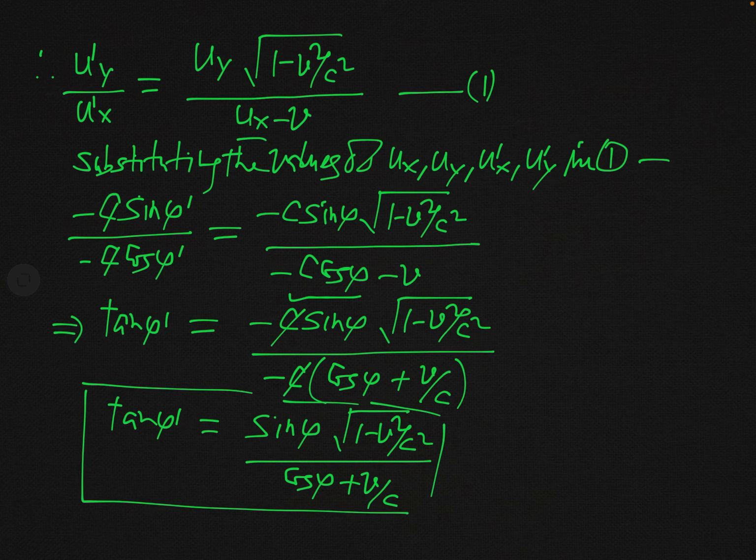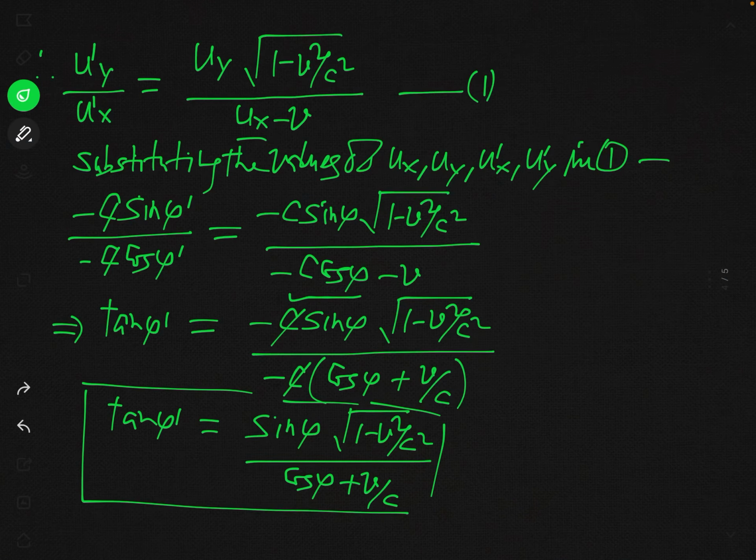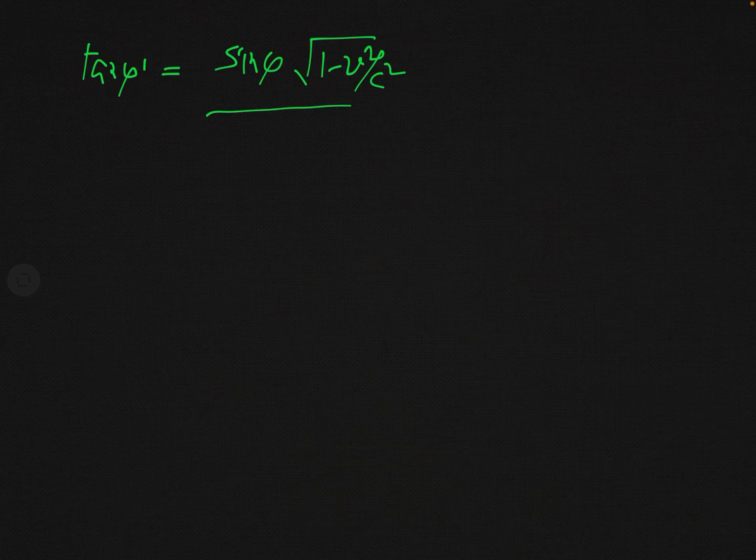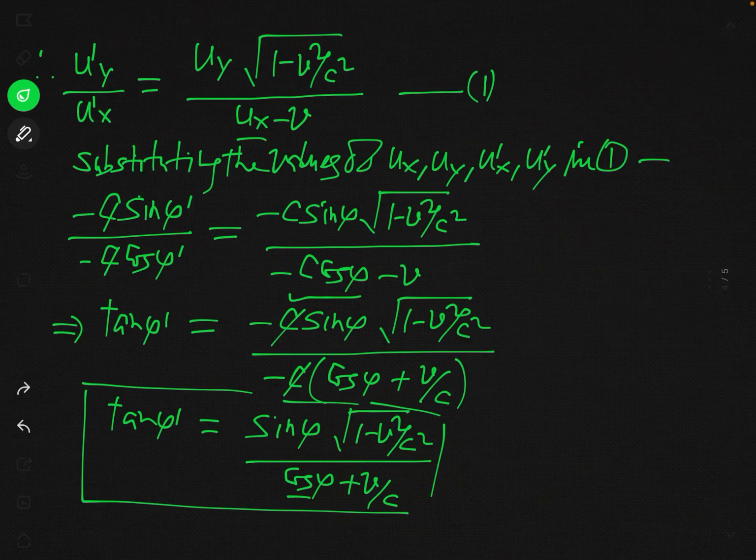Now we will actually simplify the RHS of this equation to some extent more. So let us see that this tan phi prime, if in fact we will take this cos phi as a common factor in denominator, then what will be our result? You can see this is sin phi into root over 1 minus v square by c square, and in denominator I am taking this cos phi as a common factor, so you can see what will be the result.